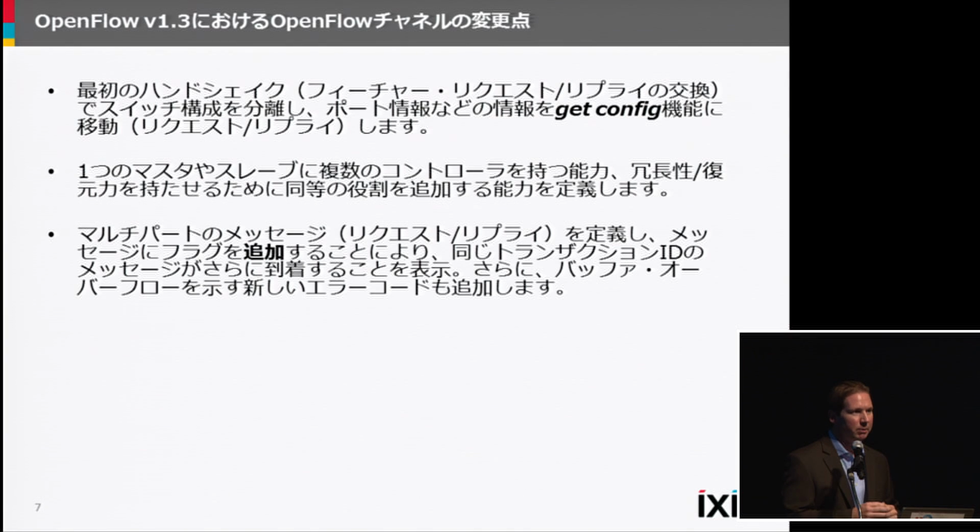Previously, the controller was just sending a bunch of get commands, and the switch couldn't respond. It got too busy, or it wasn't prioritizing the message, and it either didn't respond or responded with an error, and the controller had to start all over again. So multi-part messages help that communication.